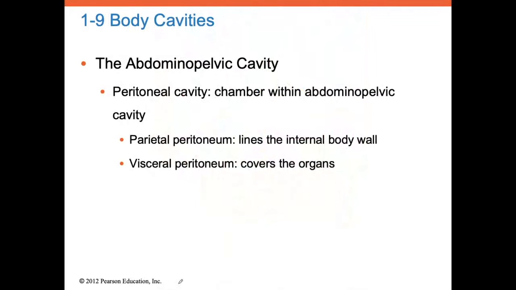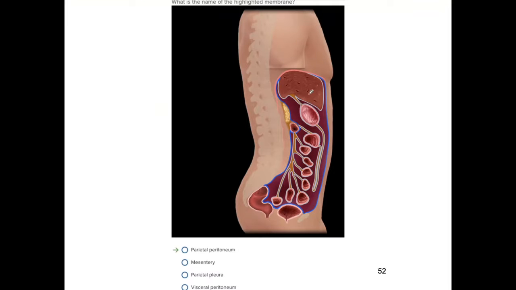Now, when we look at the abdominal pelvic region, again, we see the word parietal and visceral, but now we're using the word peritoneum for the gastrointestinal organs. So here is the liver, here is the stomach, here is the large intestine, this is small intestine.